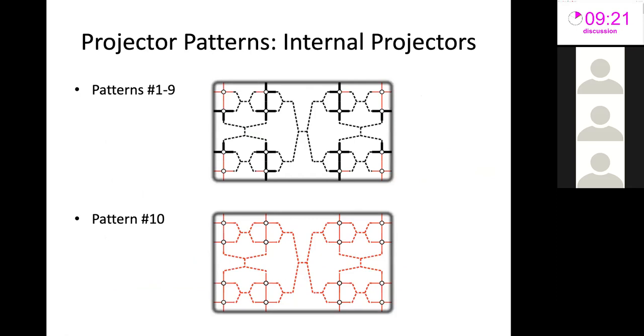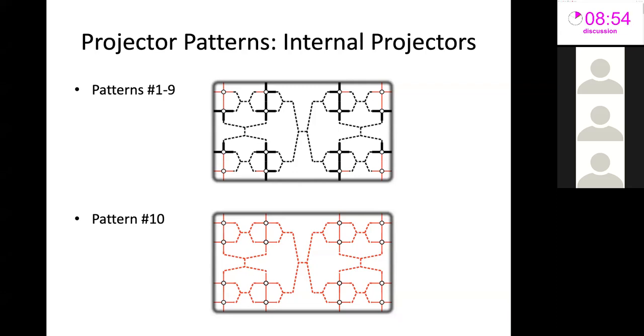And the simple idea can also be used for internal projectors, and we would take the non-homogeneous projectors, which are obtained from that first pattern, and we would just simply apply the same projectors also on the patterns from 1 to 9.